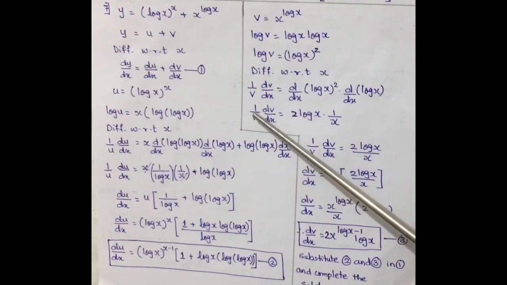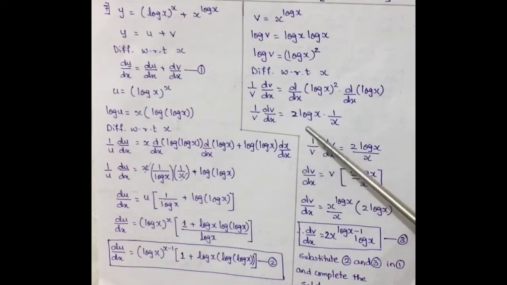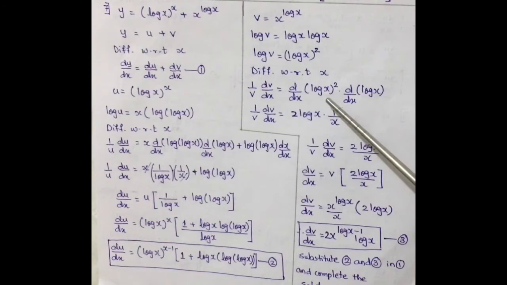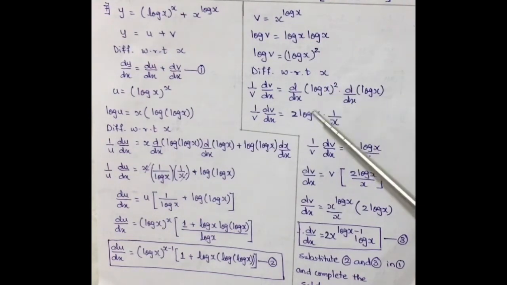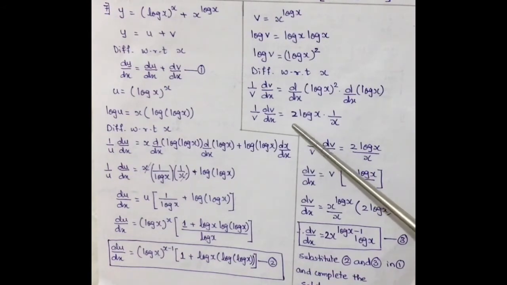So we get here 1 by v dv by dx is equal to, derivative of power becomes 2 log x. That is, we have to use n x raised to n minus 1 form whenever we are calculating the derivative of the power. So log x square is there, its derivative will be 2 log x.